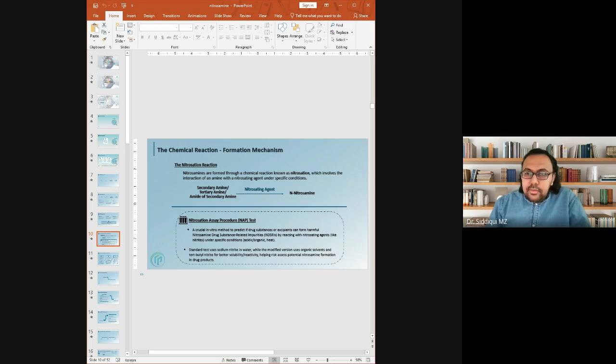The standard test for NAP is basically sodium nitrite in water, whereas modified versions are also available with an organic solvent, for example tertiary butyl nitrite, to improve the solubility and reactivity, to better assess the risk associated with nitrosamine formation in drug product.